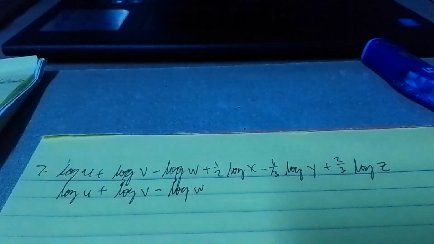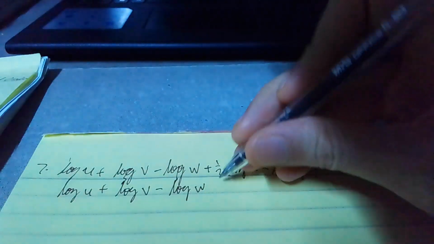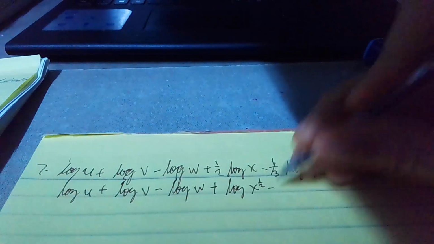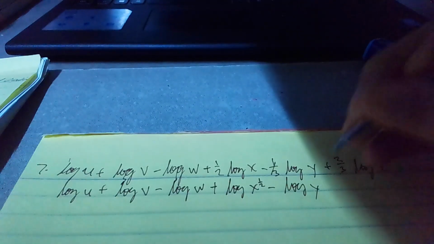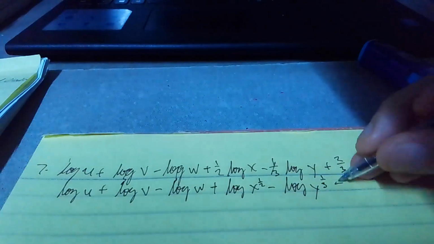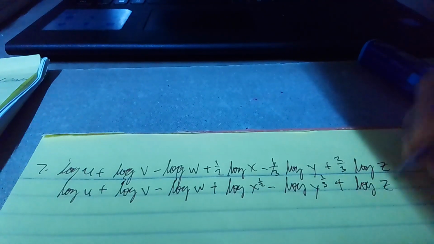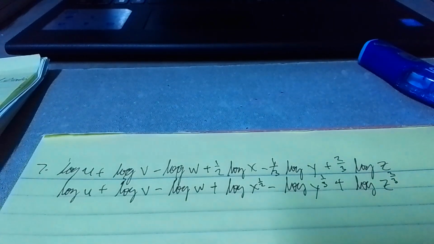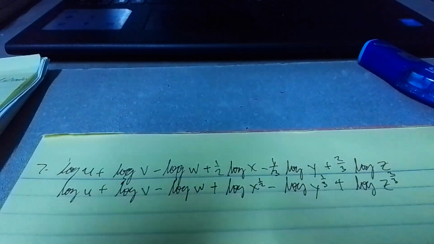Plus 1/2 log of x. Minus 1/3 of log of y. Plus 2/3 of log of z. Right? Now, we can apply the power law. So, applying the power law, copy everything. What we have so far from u, v to w.